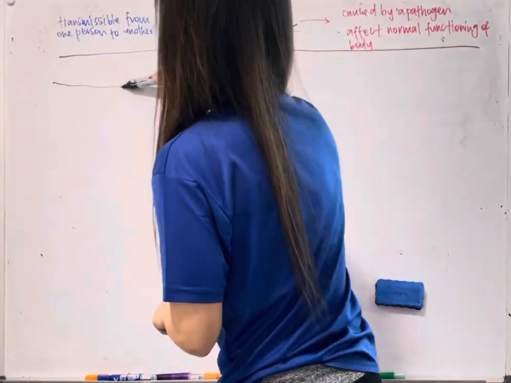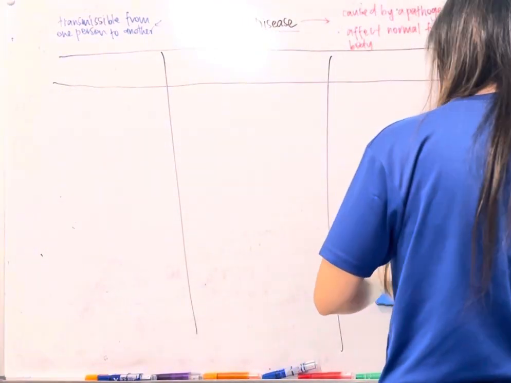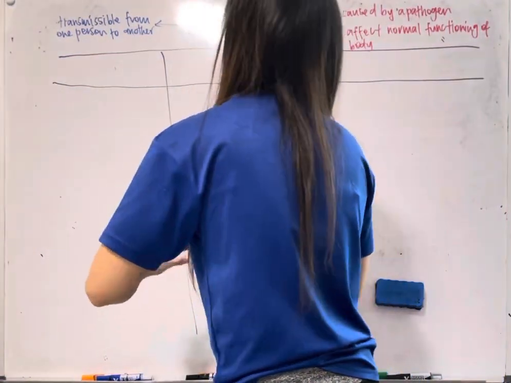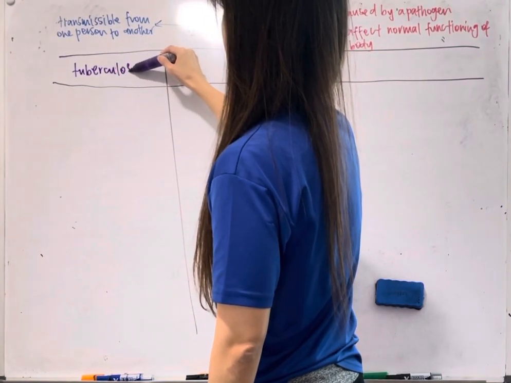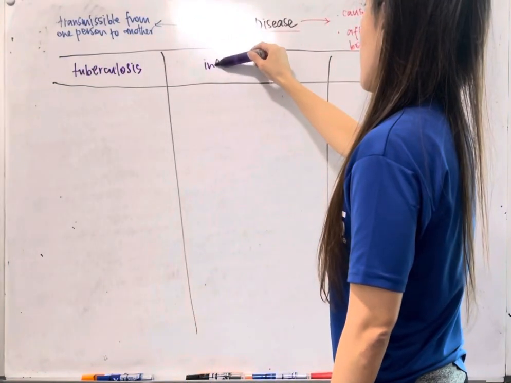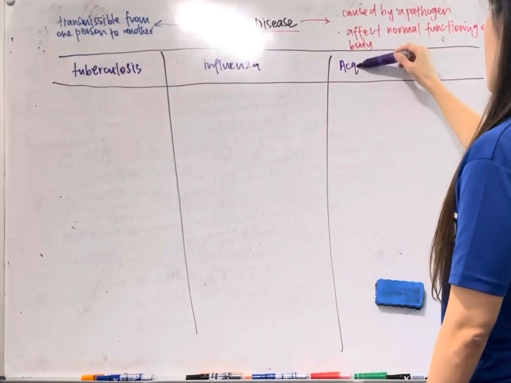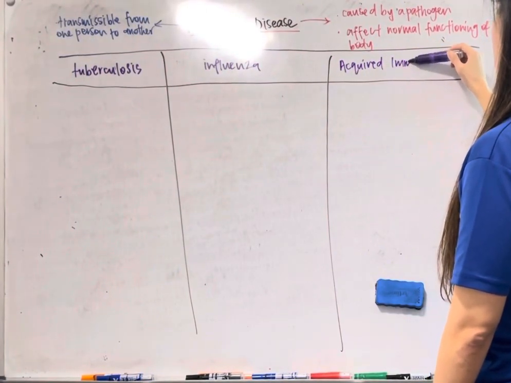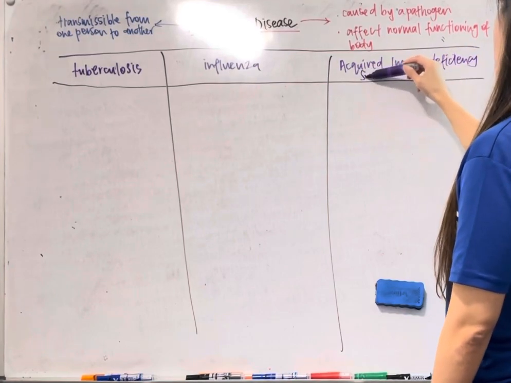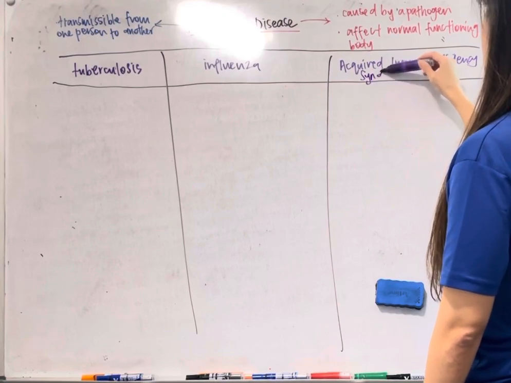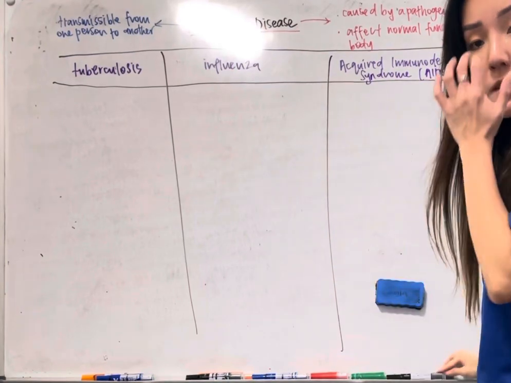In the syllabus, we are expected to know 3 types of infectious disease. We'll be going through tuberculosis, influenza, and HIV.